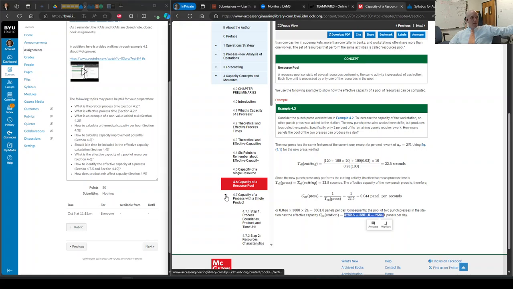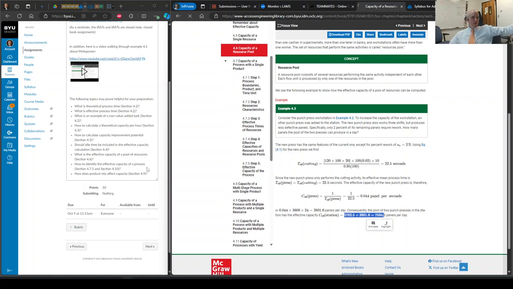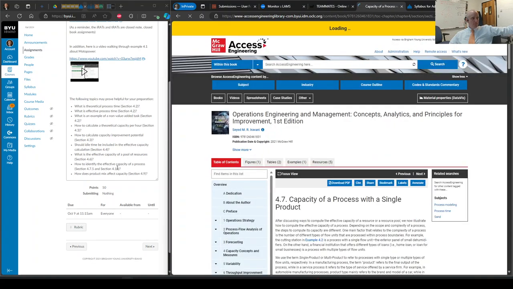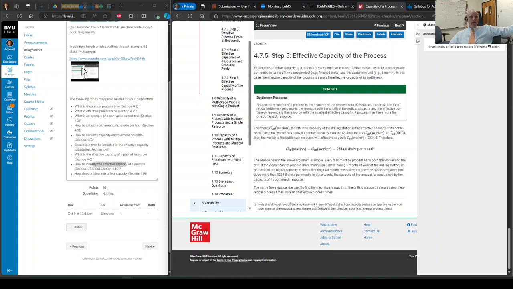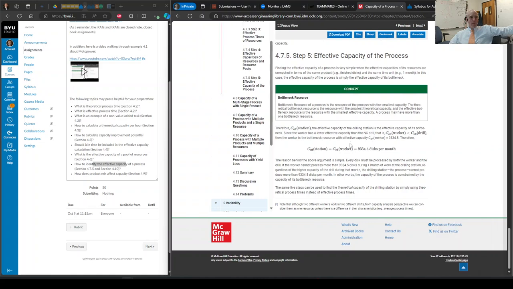Next one, 4.7.5. This is a great one. We will use this a lot in the course. How do you identify the effective capacity of a process? If we bring this up, oh, I lost my notes. The effective capacity of the process, right here, 4.7.5.